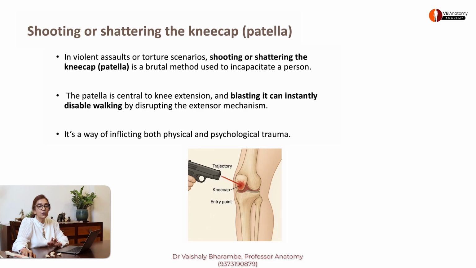We as anatomists want to know what will happen in the absence of patella. Yes, the action of the quadriceps tendon will be compromised. Okay? Patella is central to knee extension. Blasting it can instantly disable walking by disrupting the extensor mechanism of quadriceps muscle.